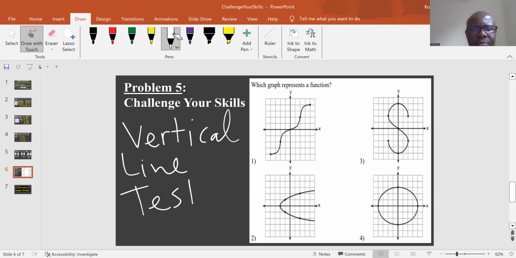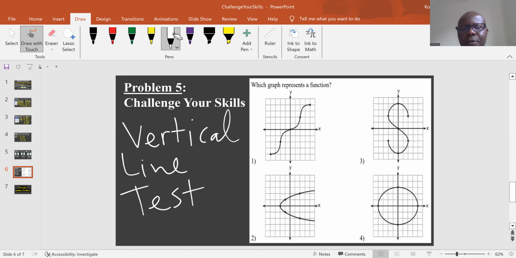And that vertical line test means what? We'll try to draw a vertical line through each graph. If the graph represents a function, the vertical line will cross the graph at only 1 point. Only 1 point, not more than 1.